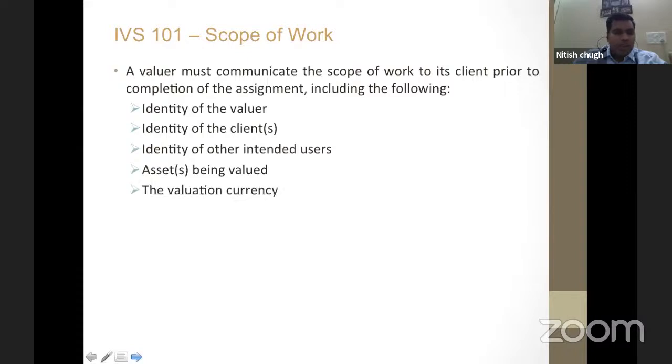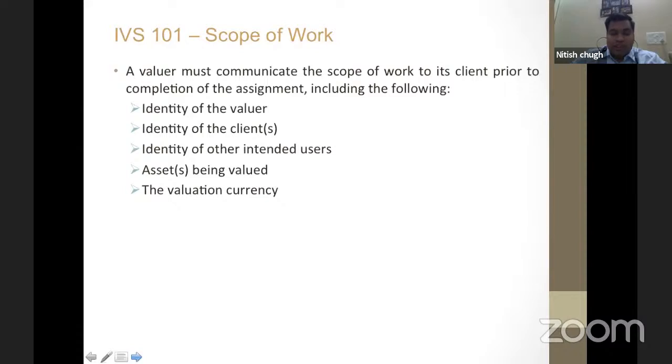Then the valuation currency. This is very important for the purpose of compliance as well. In case there are regulatory requirements to value a particular entity, or if you are valuing an entity for the purpose of impairment and you have a foreign subsidiary, it is important to calculate valuation as per the cash flows of the reporting entity or the entity that is being valued, right?